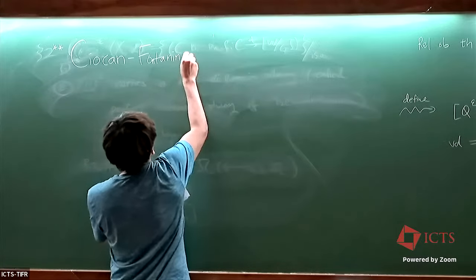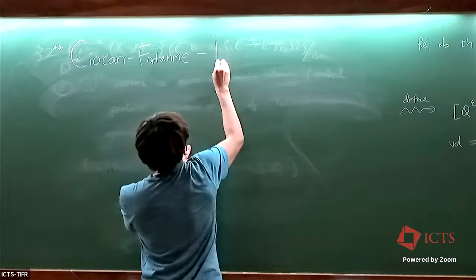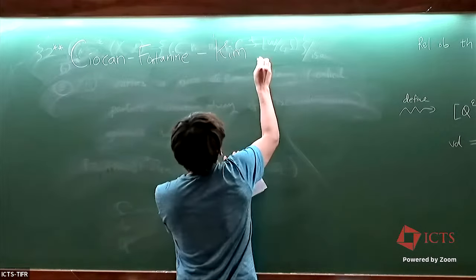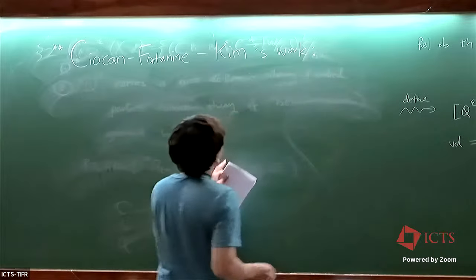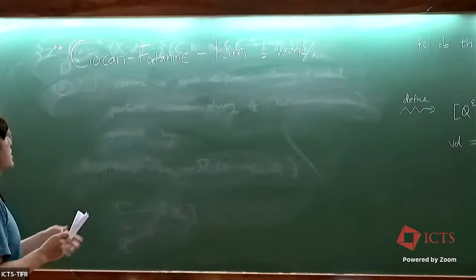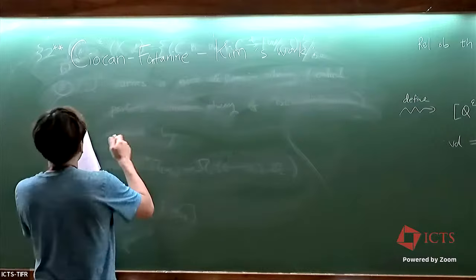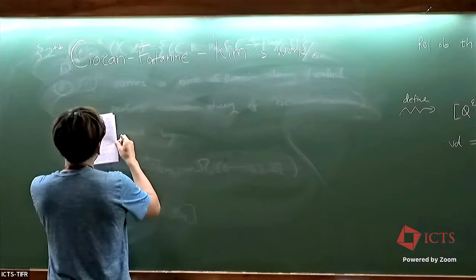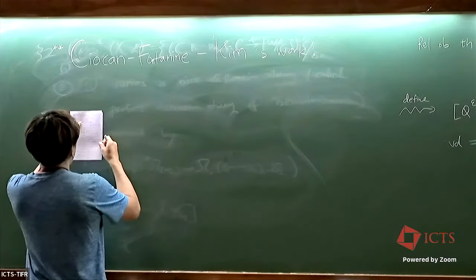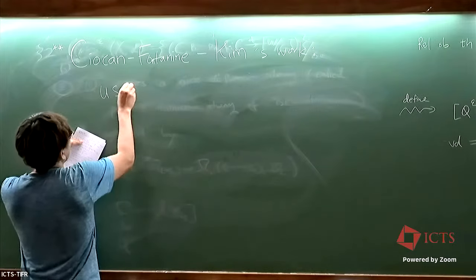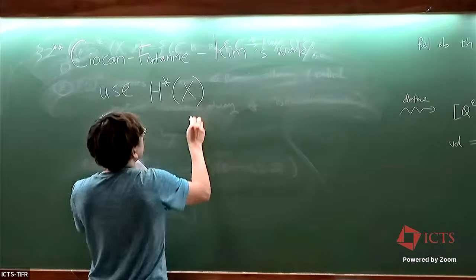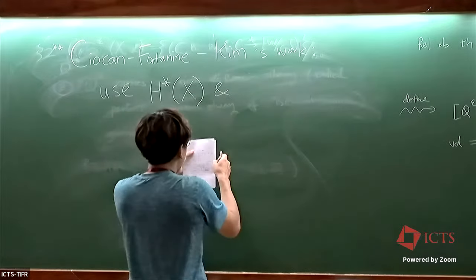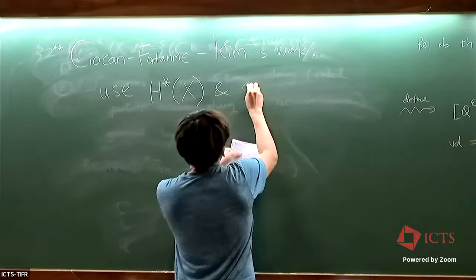advertise Jeongseok and Form 6 work. They somehow generalize this mirror theorem to use cohomology over X, and also they consider any genus.